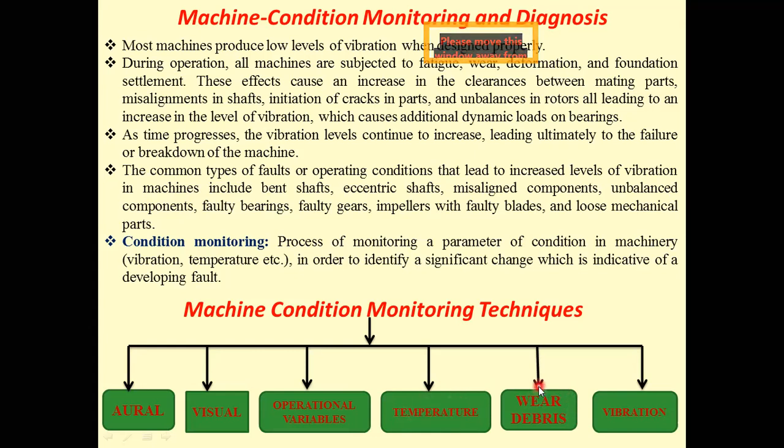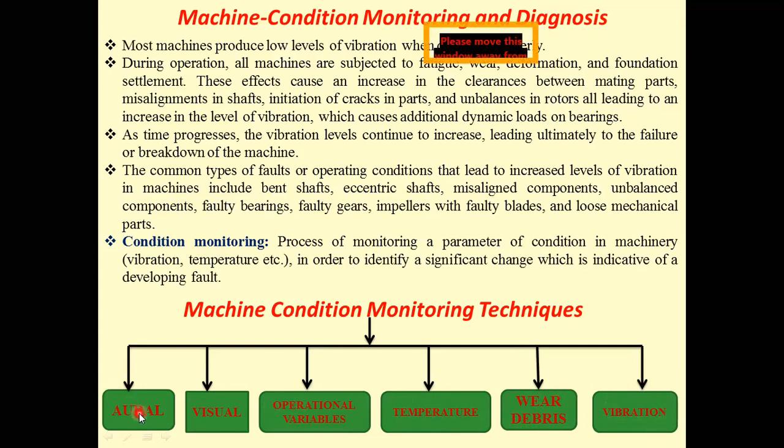Fourth is the wear debris machine condition monitoring technique. And the fifth type of machine condition monitoring technique is the vibration monitoring technique, or vibration condition monitoring technique. It is the most important parameter in the condition monitoring of any machine.